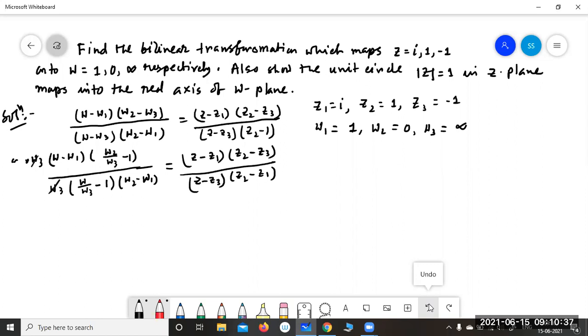Then w3 cancels, or from here w minus w1, we can put the value of w1 also.